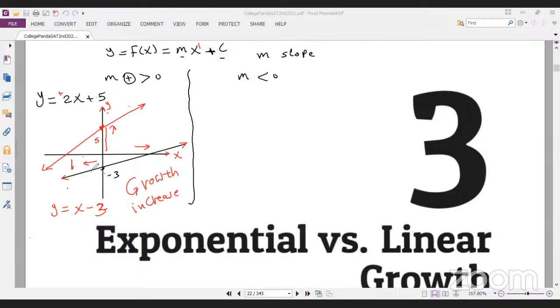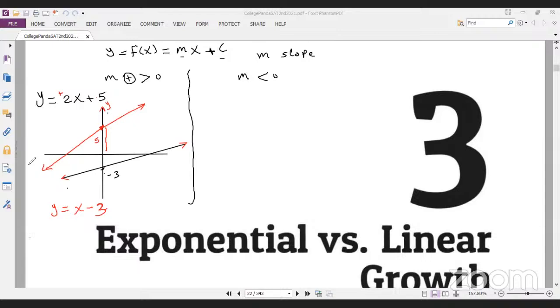On the left side, moving left, the value of x decreases and the value of y also decreases. The same goes for the red line. We took two examples about a growth, where both increase or both decrease, so it is linear growth. Why linear? Because it is a first-degree equation.